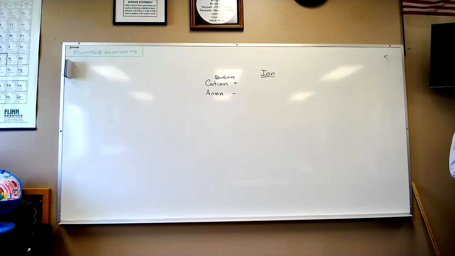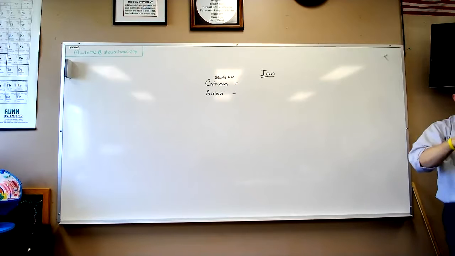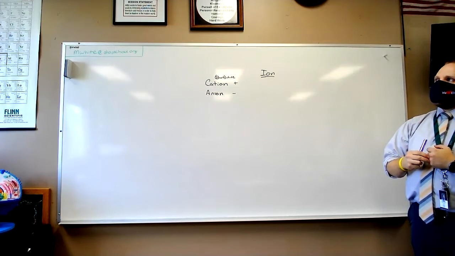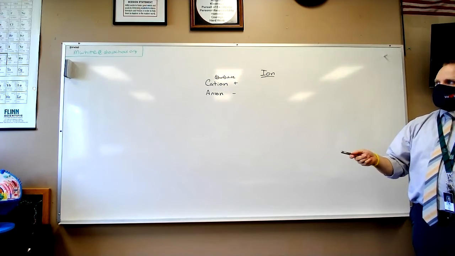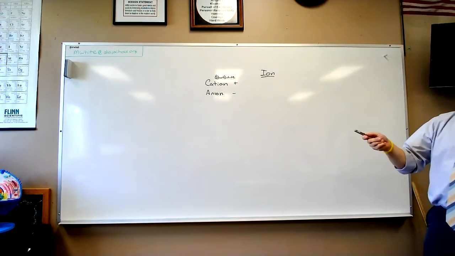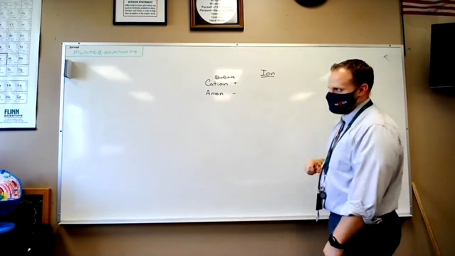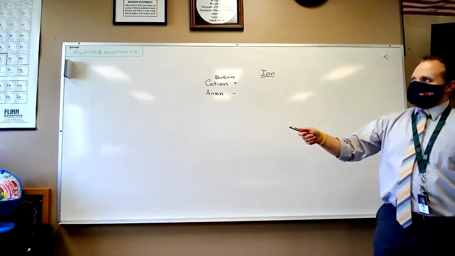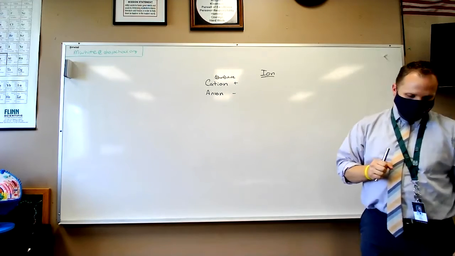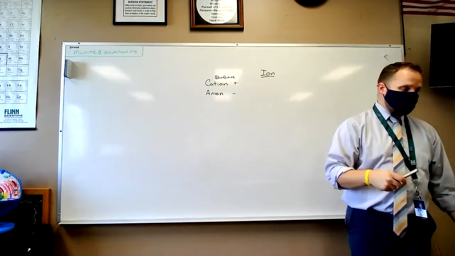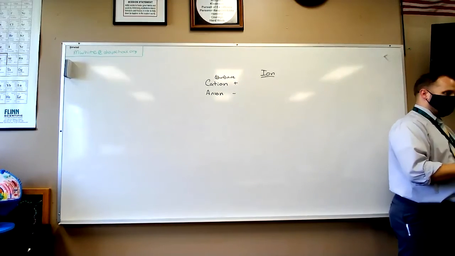Because if it loses that one valence electron, we go down to the next layer of electrons, the next quantum layer, and it is a full valence shell because it has the electron configuration of a noble gas if group 1 loses one electron. Remember, group 1, 2, and 13 are more likely to lose electrons. And the numbers that they lose are 1, 2, and 3.